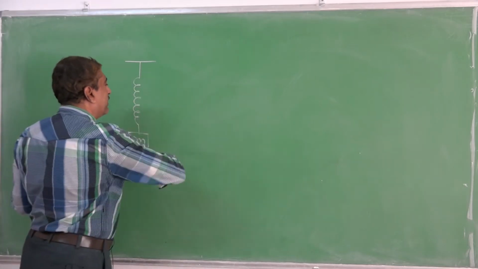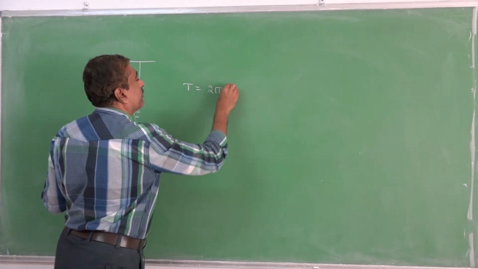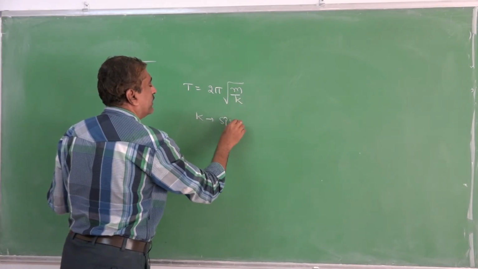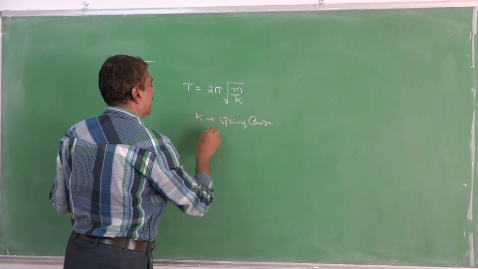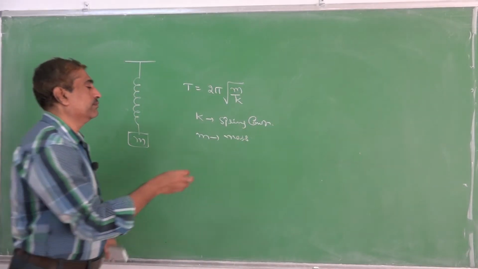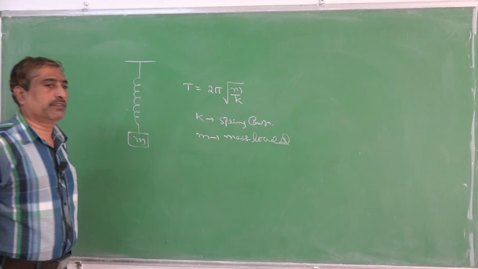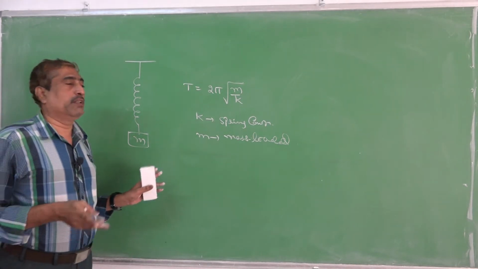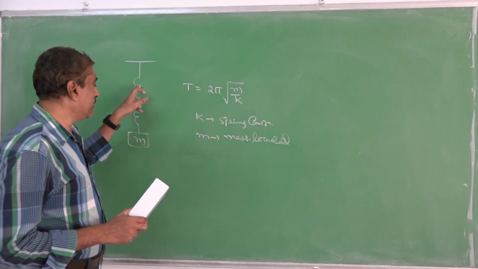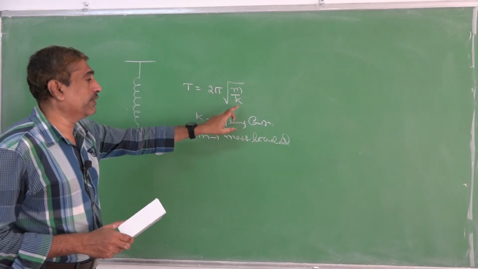The time period of oscillation of this mass loaded spring is given by T equals 2 pi square root of m by k, where k is the force constant or spring constant and m is the mass loaded. Remember this formula. The main difference between the simple pendulum and this one is that the simple pendulum time period is 2 pi root of L by g, whereas for the oscillations of the spring, the time period is 2 pi square root of m by k.